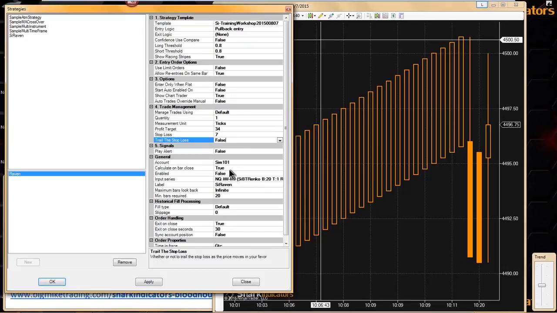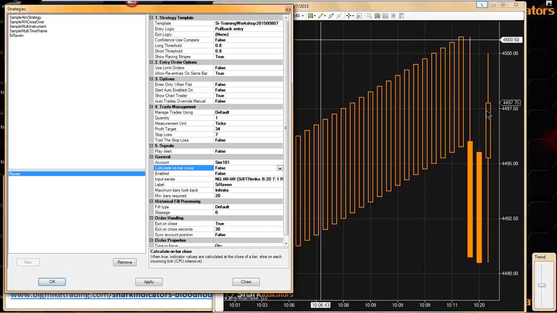So here is one of the critical settings to make this work in real time. The calculate on bar close has to be set to false. With this set to false, that allows Raven to analyze the closing price of the current bar that's building.